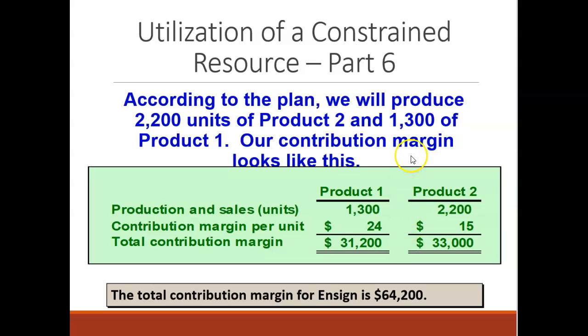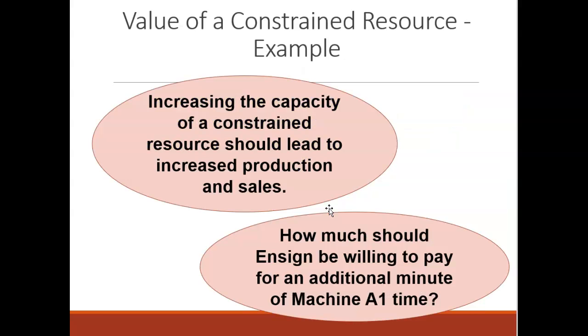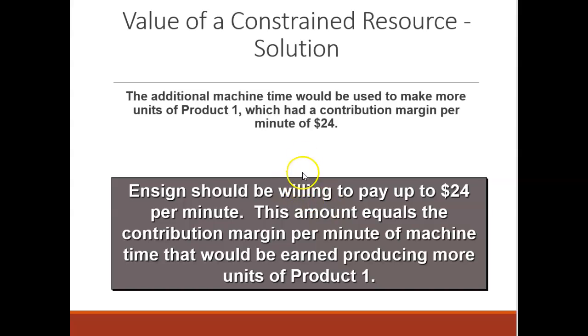All right. This gives us a total contribution margin for this company of $64,200. And if you're feeling suspicious, you can go back and try to rework this problem to end up with a higher contribution margin, and you can't get it if you only have a certain number of minutes on machine A1. We're going to look at one additional example here.